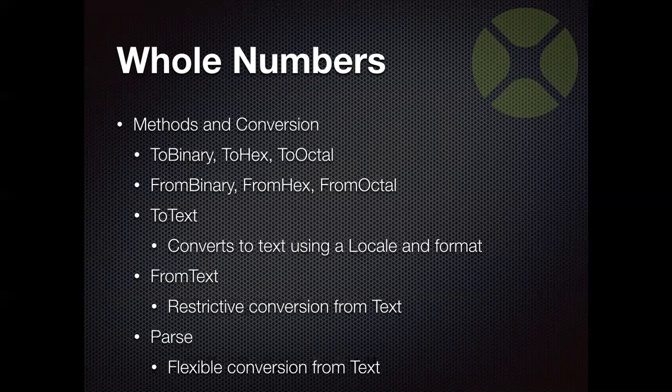And this does a more flexible conversion from text. So if the text starts with a number and has some stuff after it that's not a number, that's okay. That'll get ignored. But it'll at least be able to parse out the number part of the text and give you back a number that you can then put in the appropriate number-typed variable. So these are some of the new things that are available on the whole number types, which are primarily integer.